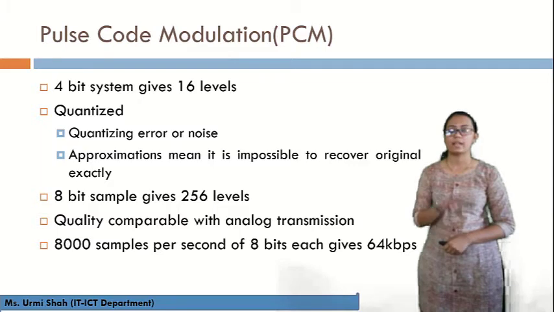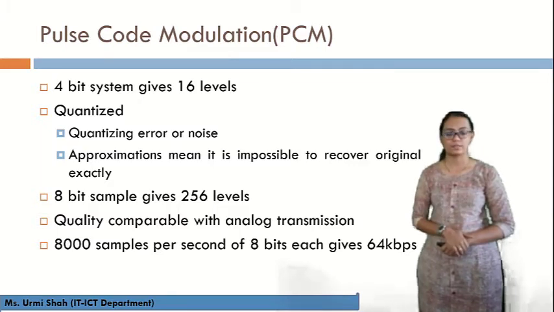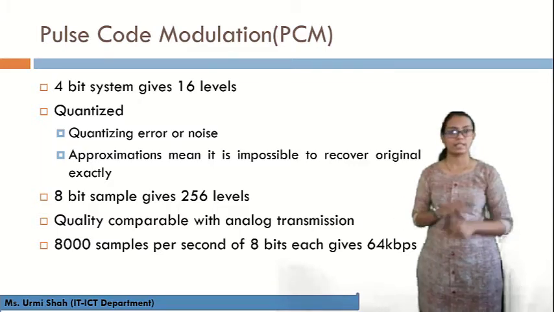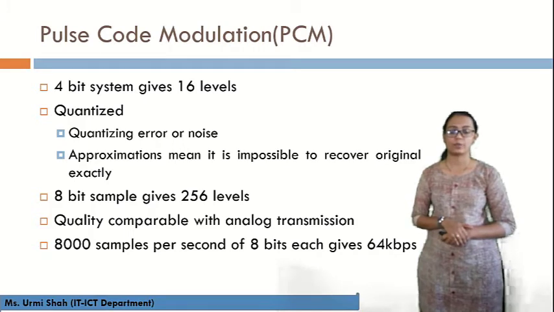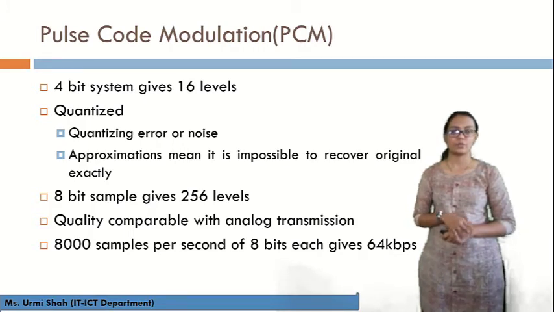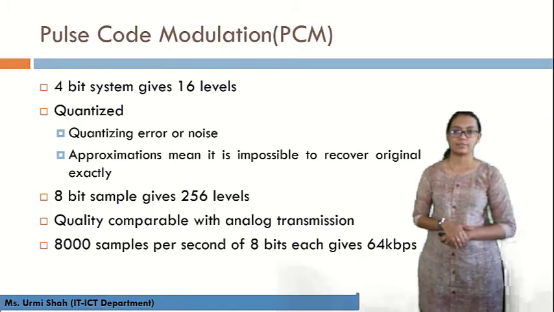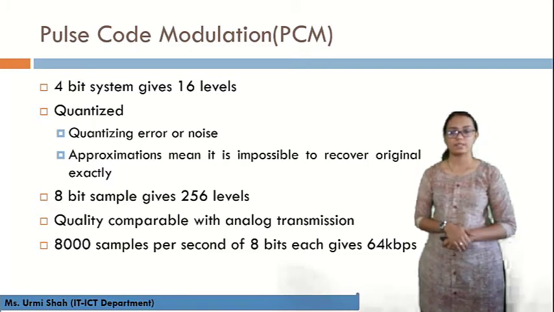Basically PCM, which has a 4-bit system, gives 16 levels, that is 2 raised to the number of bits. 2 raised to 4 will give 16 levels. The quantized output will have quantizing error or noise, and it is an approximation, which means it is not possible to recover the original message signal exactly.